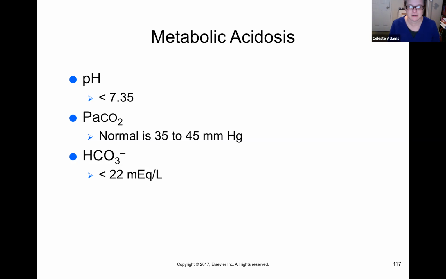The lungs are coming to help and buffer everything. Your bicarb is going to be low. Base and bicarb are the same thing. Your base is going to be too low, and that's what tells you it's metabolic acidosis.